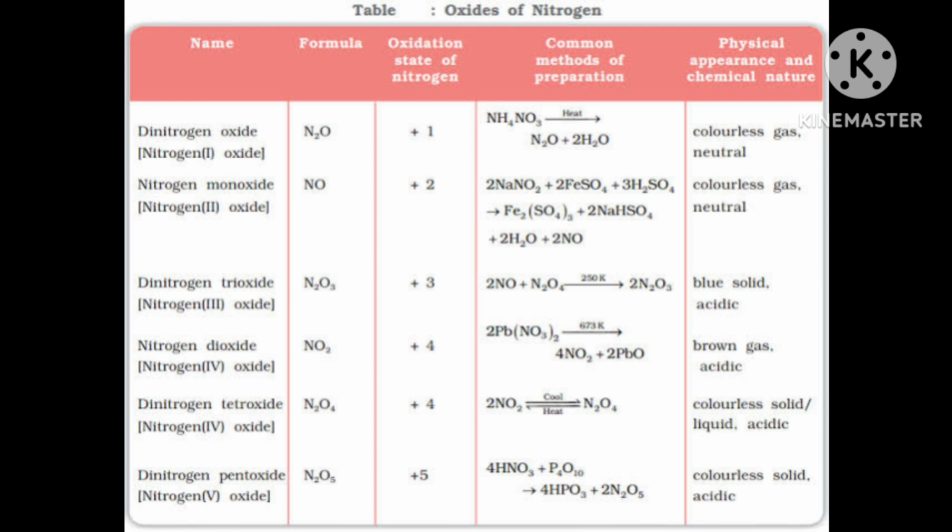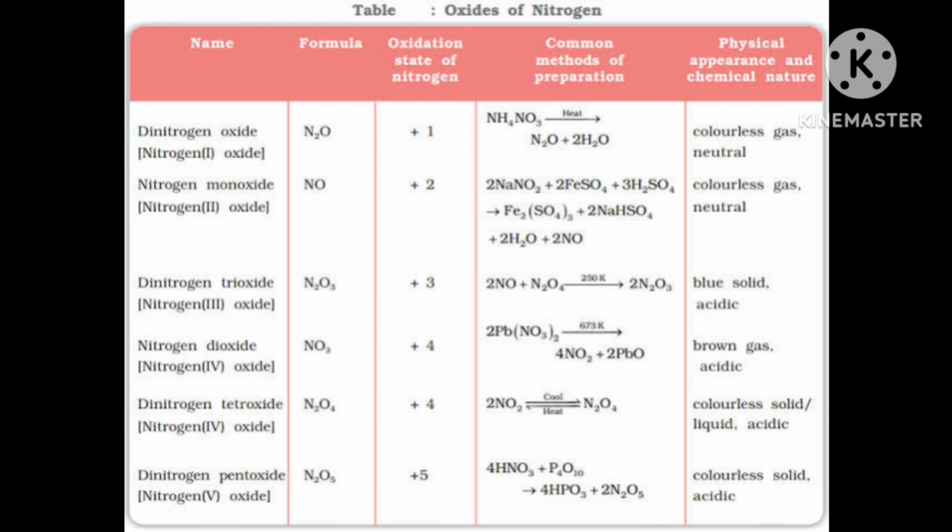First there are 2 nitrogens, and between the 2 nitrogens a double bond is there, and after that 1 oxygen is there. This is also a double bond, N and O double bond. So in N2O, NN is a double bond, and N and O is also a double bond. Total 3 atoms, NNO.